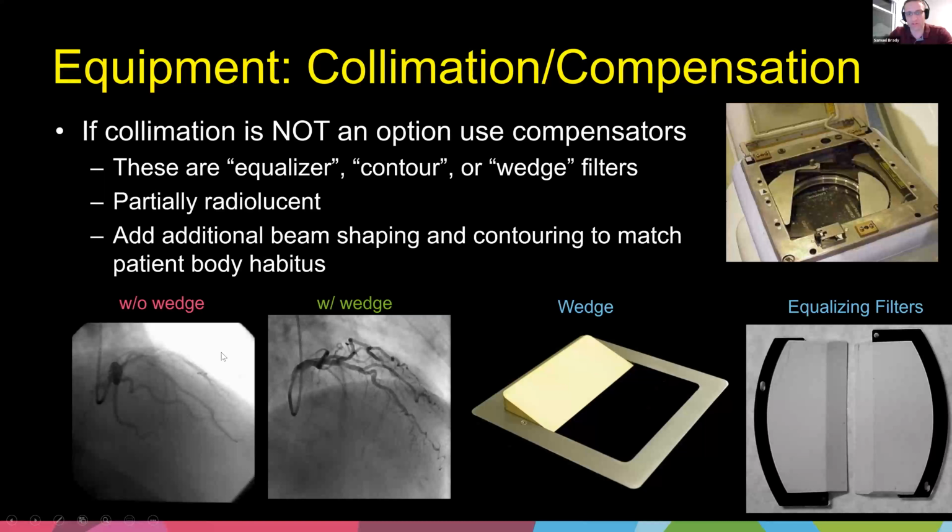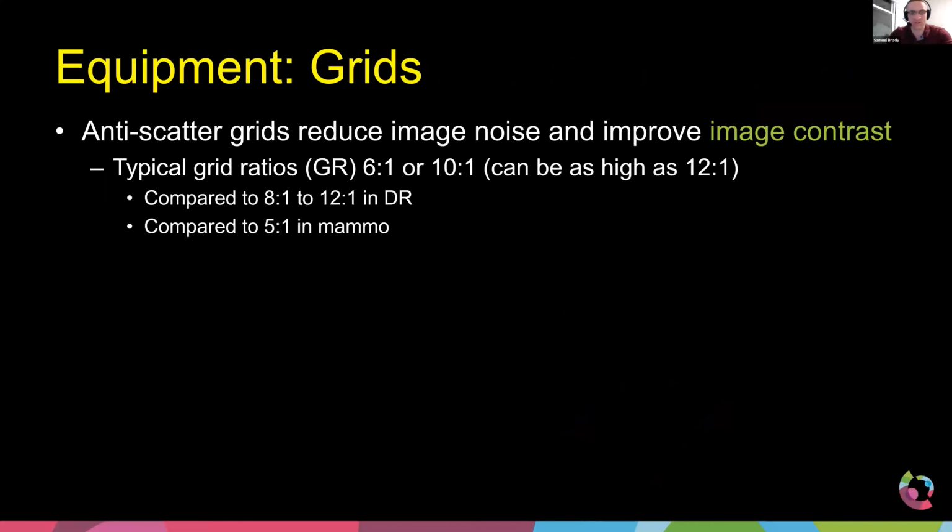Now remember, this is especially important with IIs, but it can still be an issue with flat panels. And so having these tools, equalizing filters and wedges, once again, those are things you just have to see when you buy your equipment if it has those options available. All right, so collimation is usually step one.